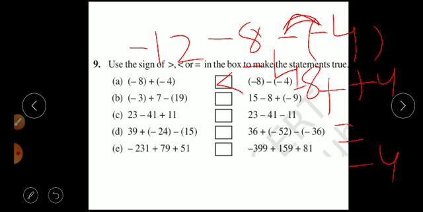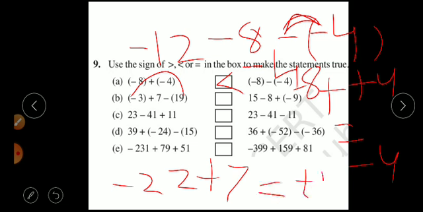So similarly, you can do -3 plus 7 minus 19. Now -19 is a negative integer and -3 is a negative integer. Now -19 and -3 will be equal to -22. Plus 7, so -22 plus 7. What is -22 plus 7 equal to? -22 plus 7 equals -15.